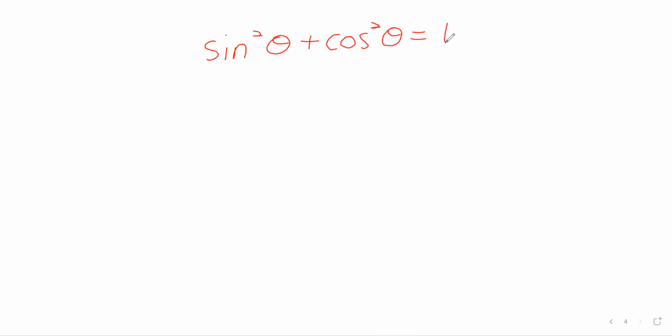The fact that the sine squared plus the cosine squared equals 1. And we're going to use this always to get rid of the square root.